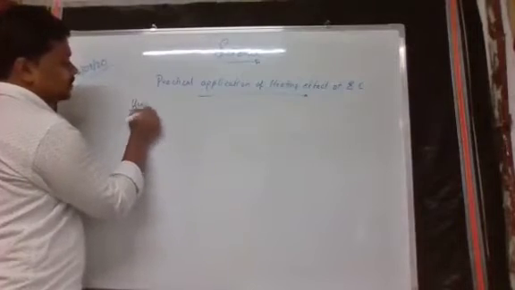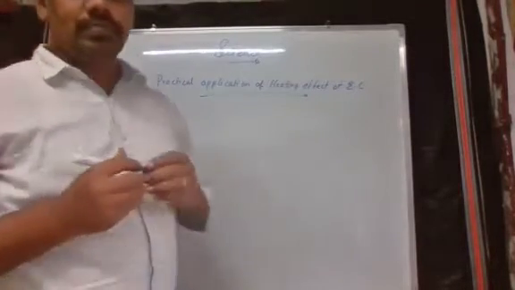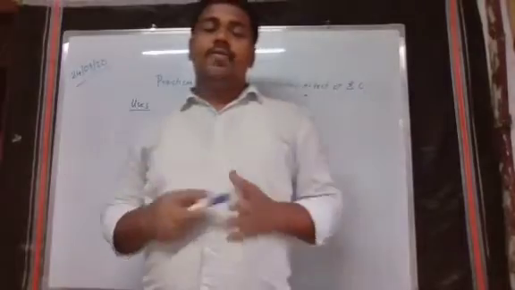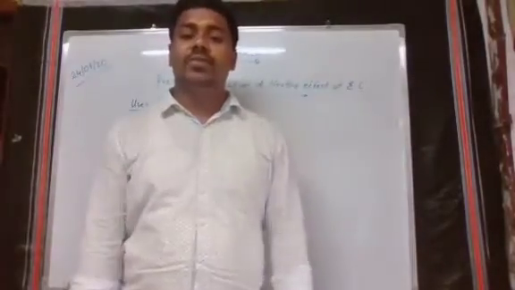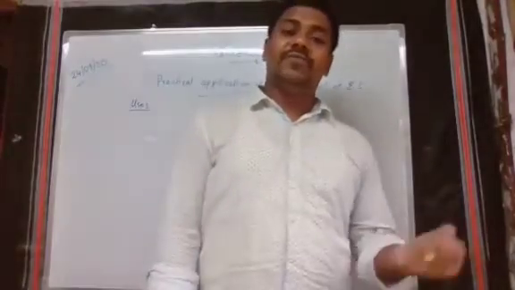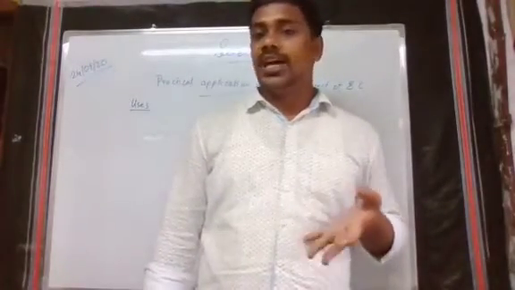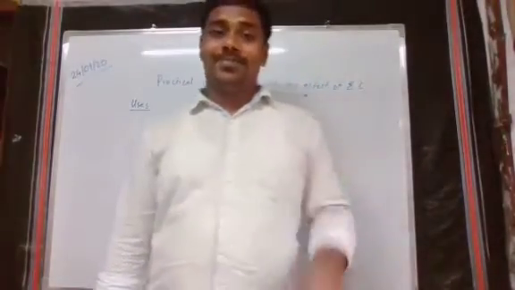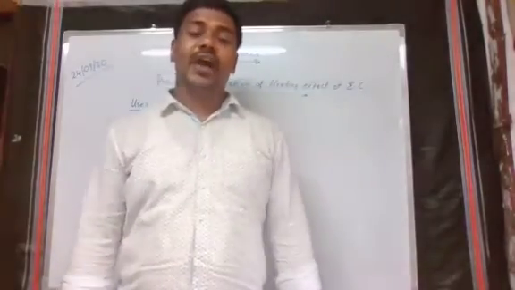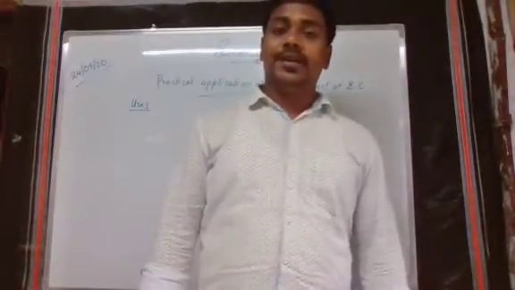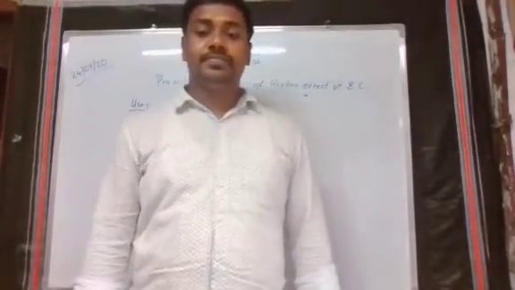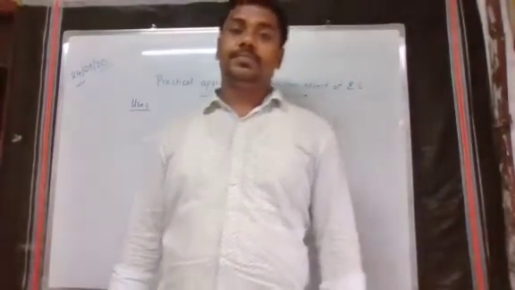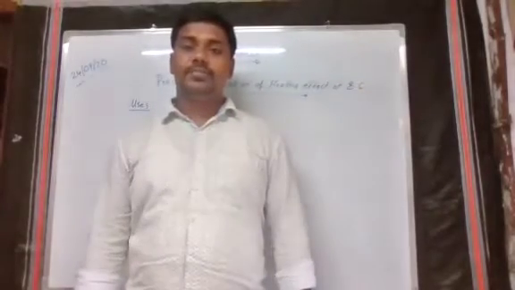Uses. We can use it in many appliances in our home. Which are they? Can you name one or two? Or shall I tell? What about the case of electric iron? And in the case of electric toaster, electric oven, etc. How do they work?